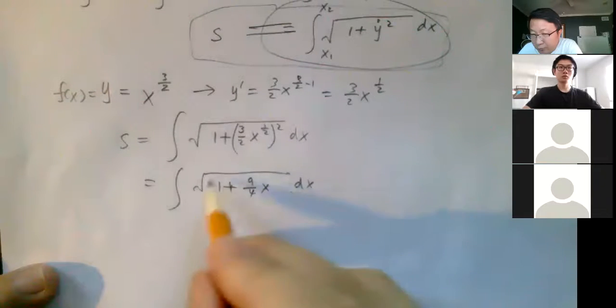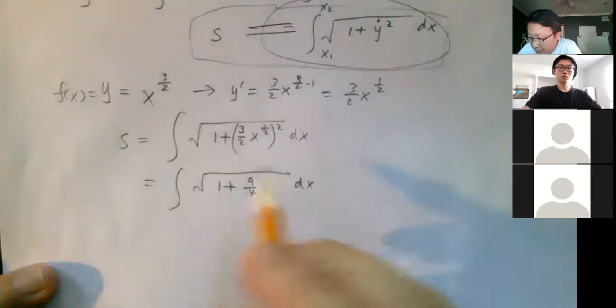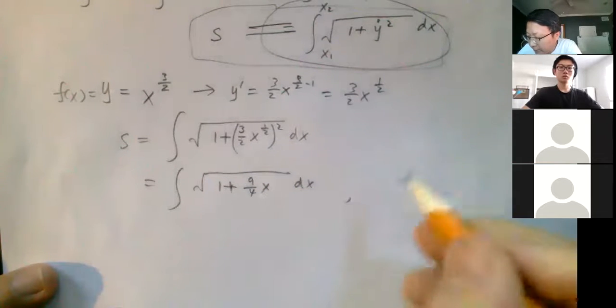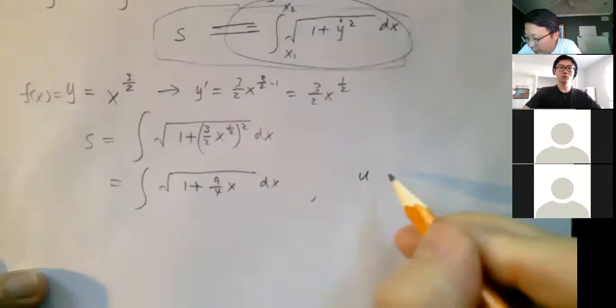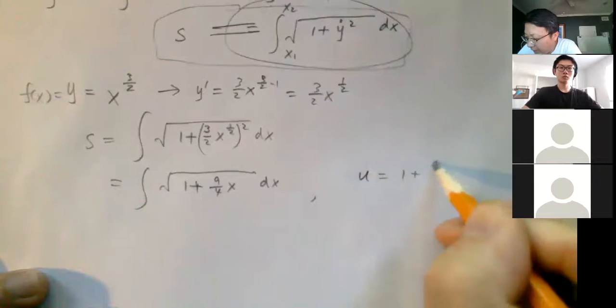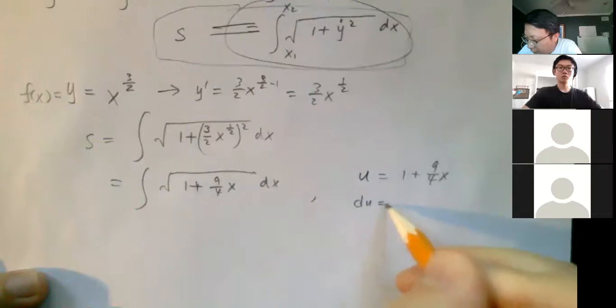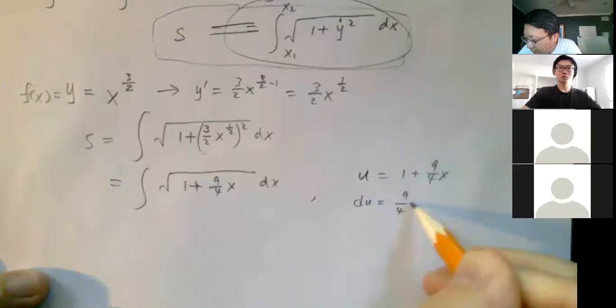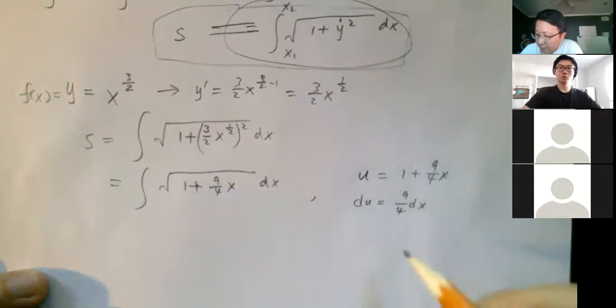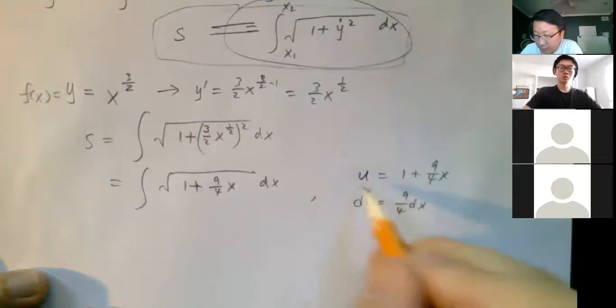Typically we use a trick, the one I just talked about. You let u equal 1 plus 9/4 x. Then du equals 9/4 dx. If you want to prove it, you go back to that.